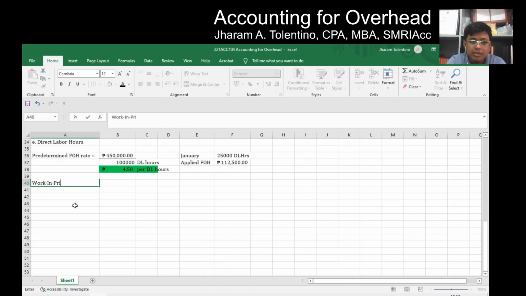Entry natin is debit to work in process inventory, credit to, ang tinuro sa inyo ni Ma'am Rose ay credit to factory overhead. Pero on the Filipino author, nilalagay niya na applied factory overhead just to have a distinction between the actual and the predetermined.